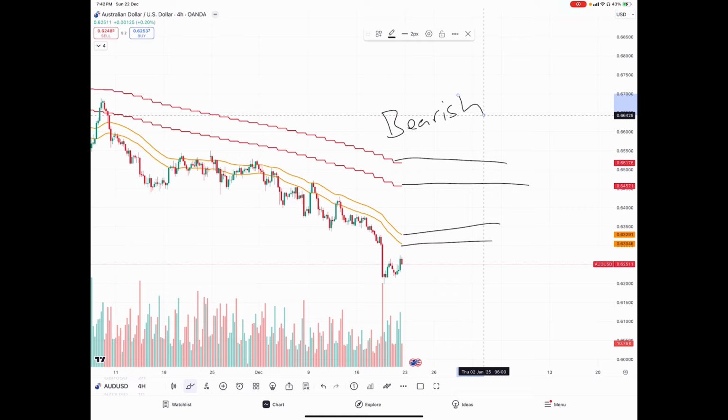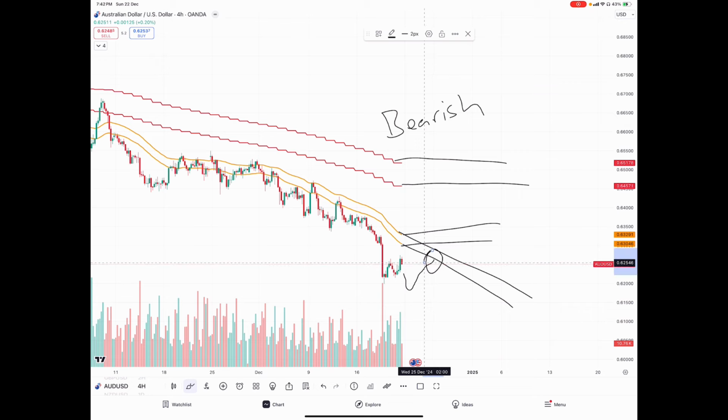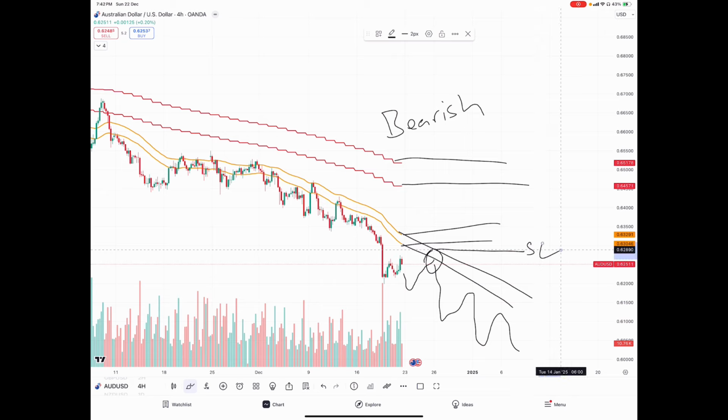If the candle gaps down, it traces, then we'll enter here with this being the stop loss. If it gaps up, we'll wait for it to retrace from here, and then we'll take the entry with this being the stop loss.